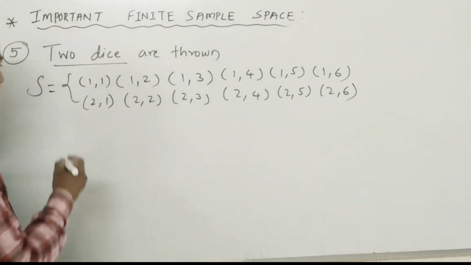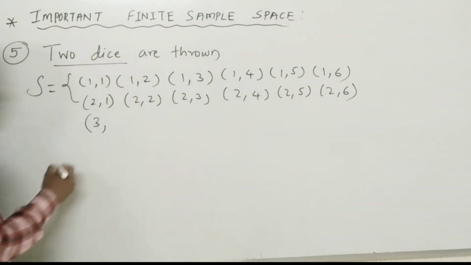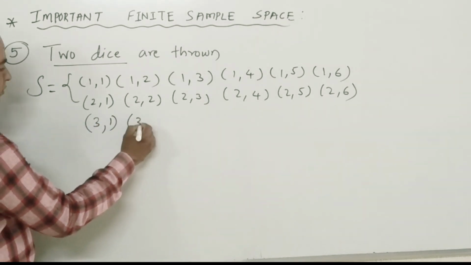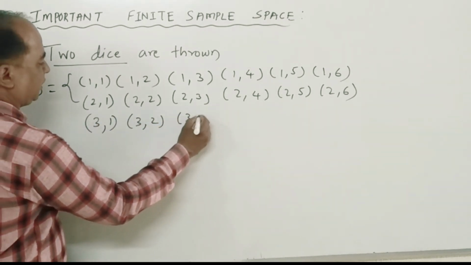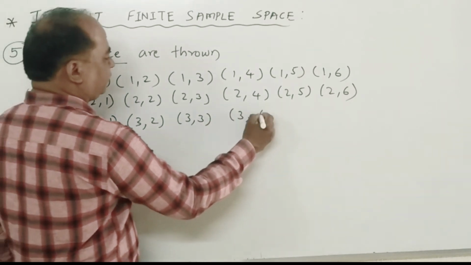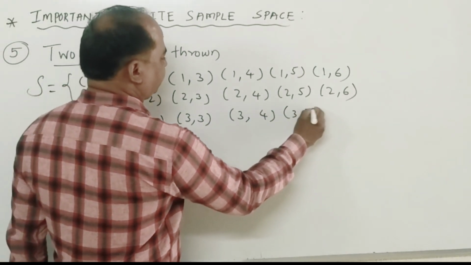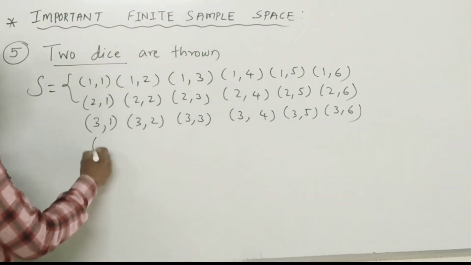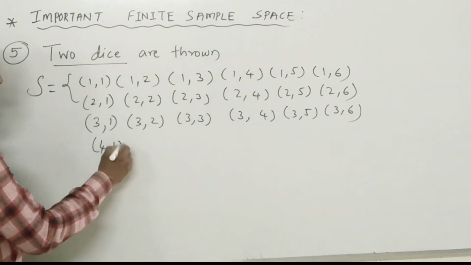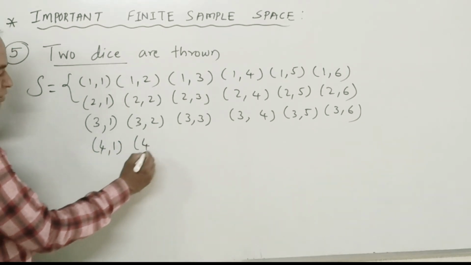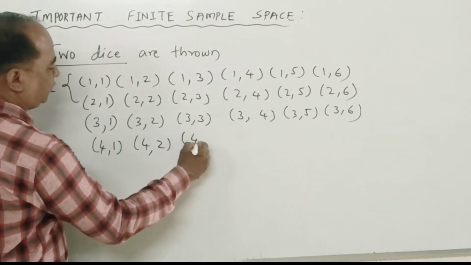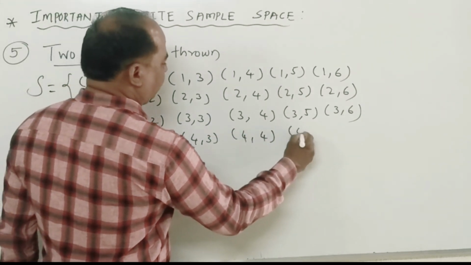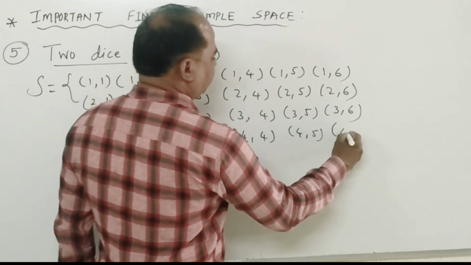In the same manner, on the first die we fix 3: (3,1), (3,2), (3,3), (3,4), (3,5) and (3,6). Next 4: (4,1), (4,2), (4,3), (4,4), (4,5), (4,6).